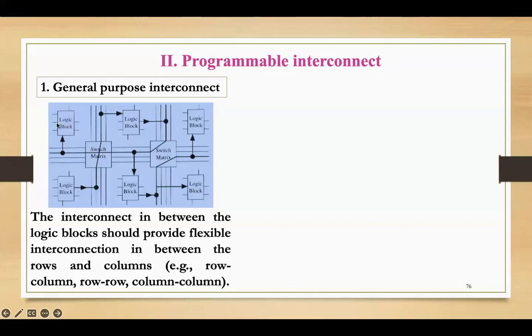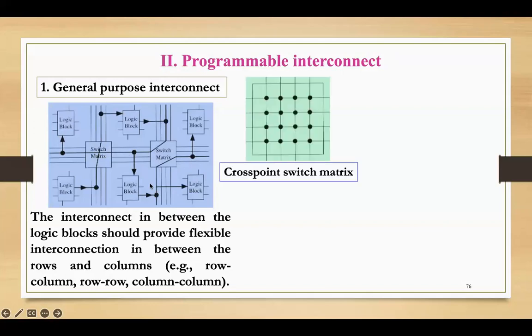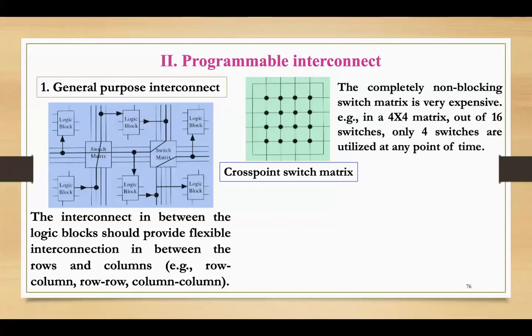I can take it from here, get the switch matrix, and then come to this logic block and connect to the final one, or there's another path through a switch matrix and then directly to my final logic block. This kind of connection is called a cross-point switch matrix.